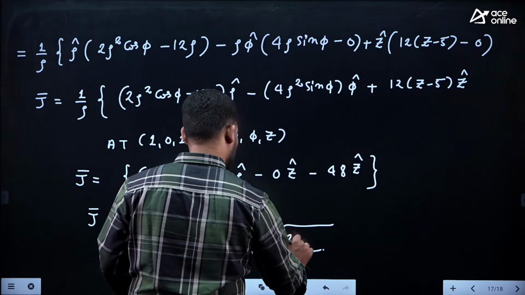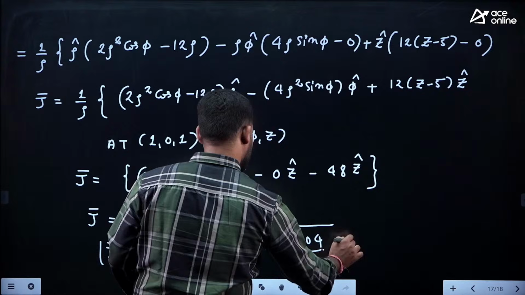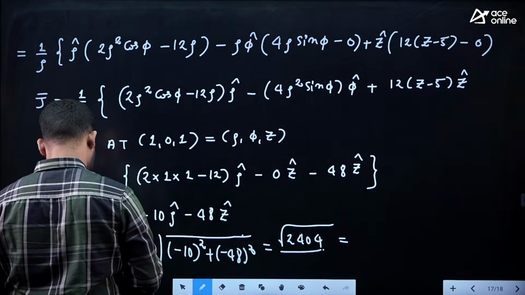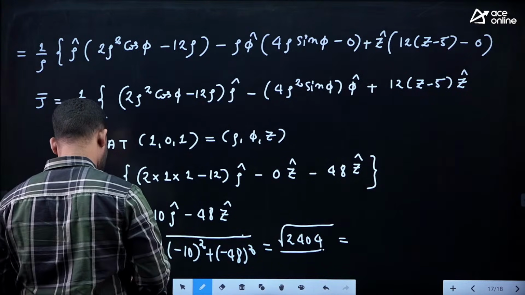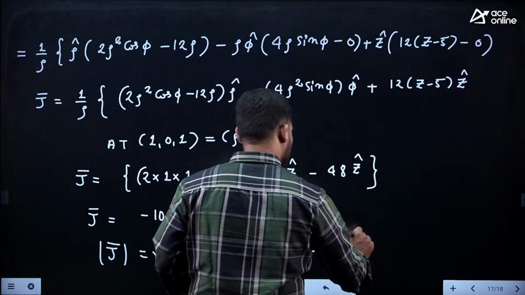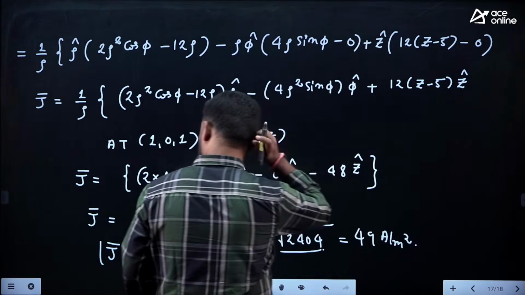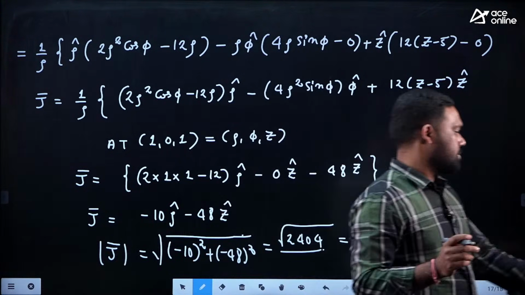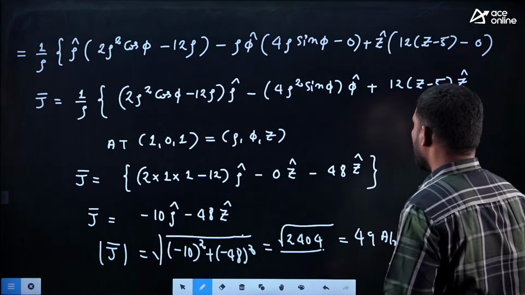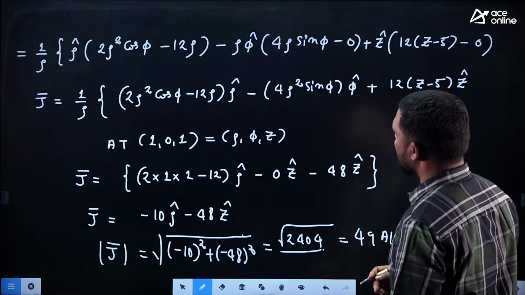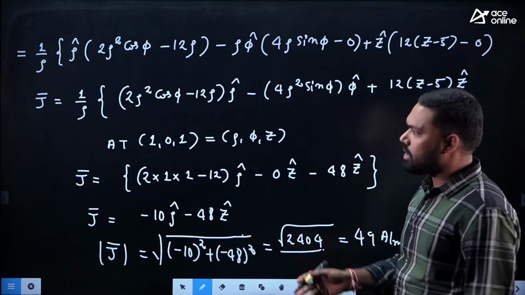It is 2404. It is 49 ampere per meter square. Such a huge current. Anyhow, 49 is the answer. Okay, just go through the numericals here.